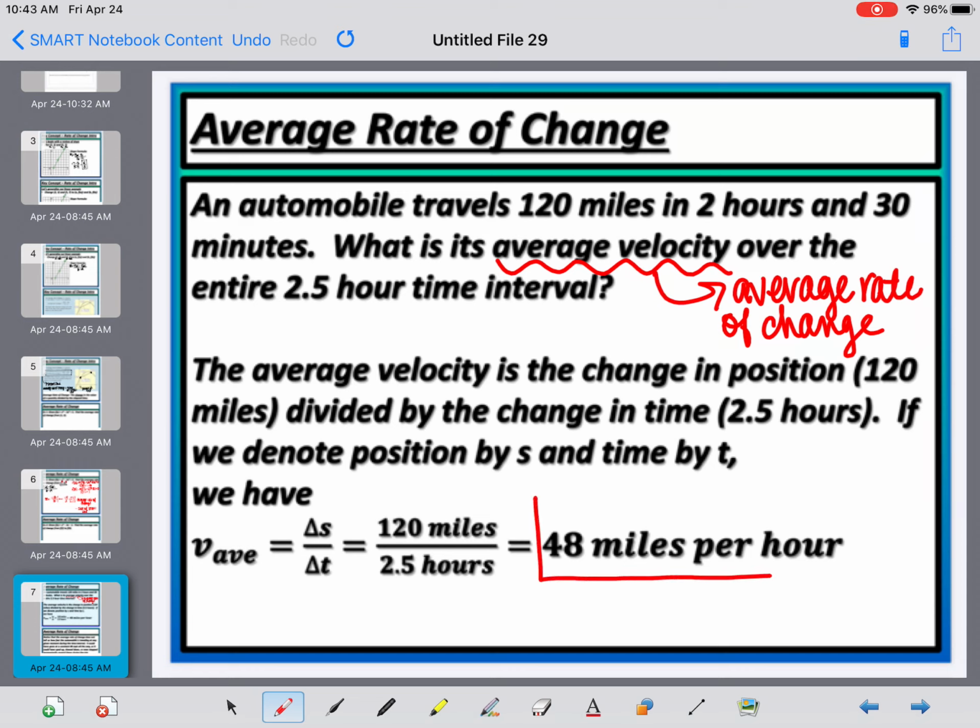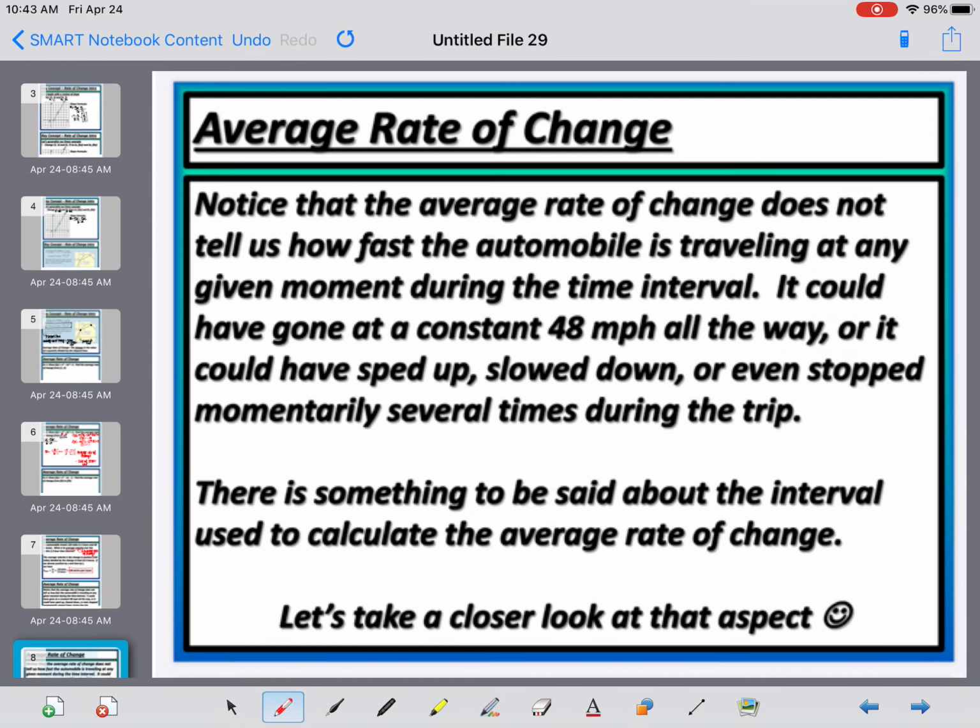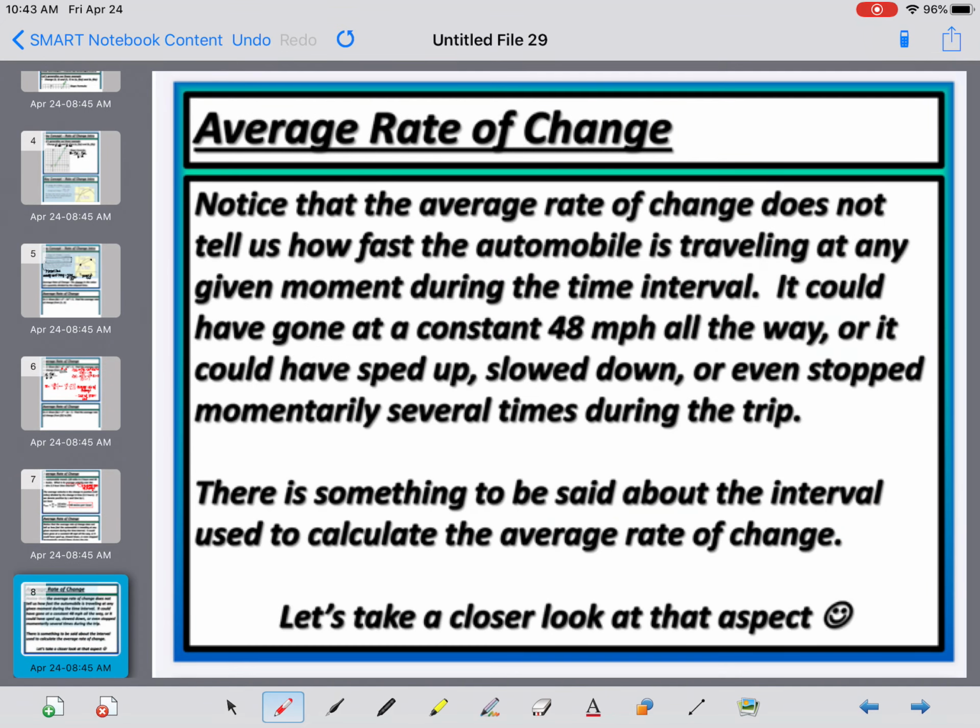So we can say that our average velocity or our average rate of change here is 48 miles per hour. But what does that really tell us about the situation? And is that really giving us a whole lot of detail? If you notice, the average rate of change doesn't tell you how fast the car is traveling at any given moment.